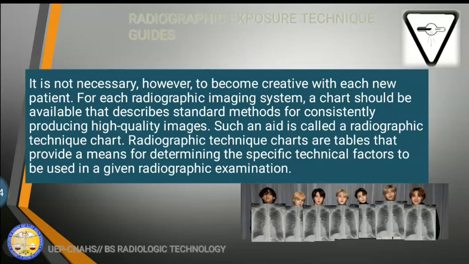Radiographic technique charts are tables that provide a means for determining the specific technical factors to be used in a given radiographic examination. Like in our illustration, you will see patients with the same body type, the same age, and the same body habitus, the shape and form of the patient's body.